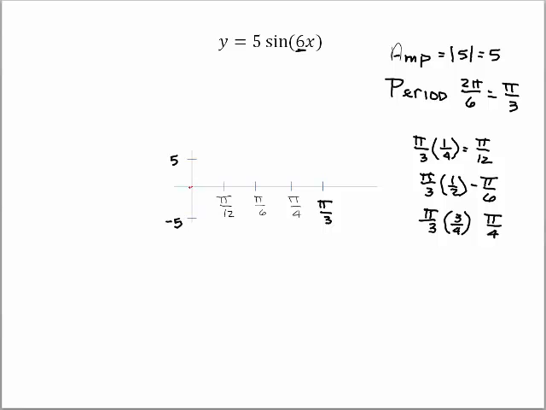So we're going to start here. We're going to go up to maximum amplitude, come down, cross over, down to minimum amplitude, and end at our period pi over 3. Right, so now we've introduced a value. If we took this all the way out to 2 pi, it actually would have several waves. So that's the difference. Let's keep going.